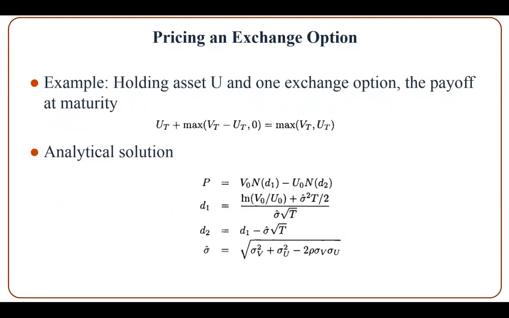For example, if we hold asset U and one exchange option, then the payoff at maturity is given here, and the analytical solution can be obtained, which is the generalization of the Black-Scholes formula.